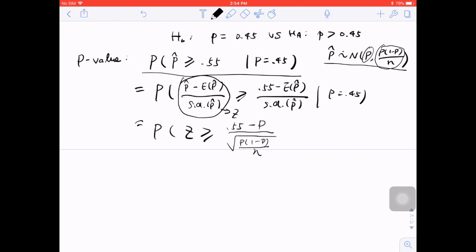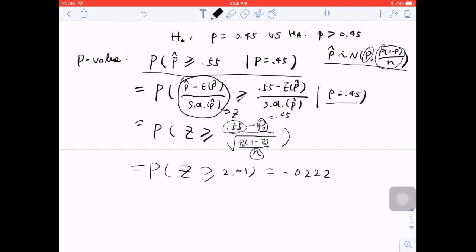Under the condition that p is equal to 0.55, we have to plug in the value of p0, where p0 is equal to 0.55. Now you have 0.55, you have the value of p0, you have n, so this is 2.01, which means the p-value is equal to 0.0222.